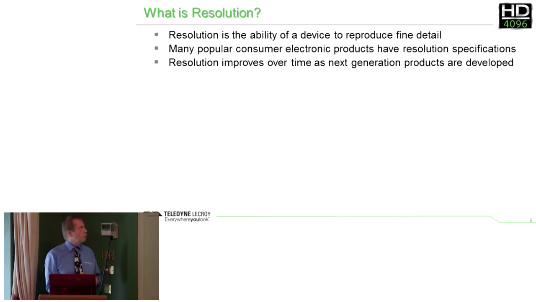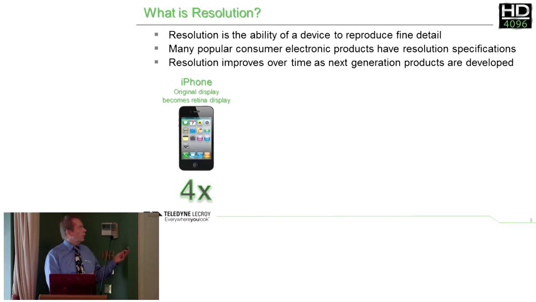So what I'm going to do is talk about resolution. What is resolution? What does it mean? Well, resolution is changing around us all the time. If I give you a couple of examples, we've got the iPhone. When we got the iPhone 4, it had a 4 times improvement in the display over previous generations. So that's an improvement in the resolution.